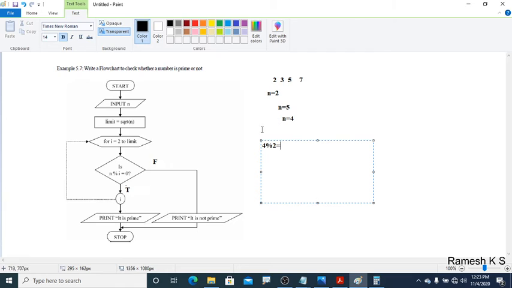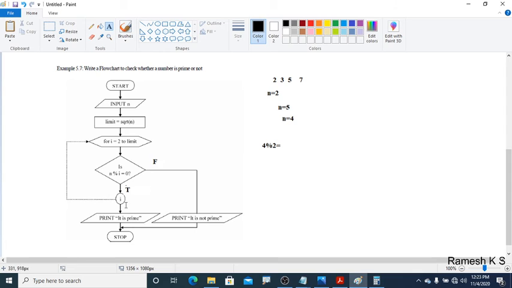Is it a prime? No, it is not a prime. So that's why there is a wrong way of design here. I am taking false here. If it is false, this is false.